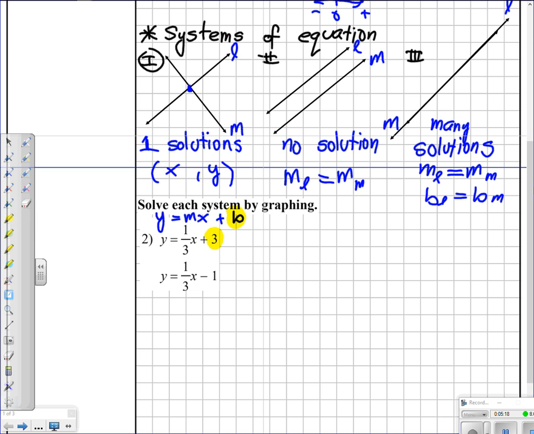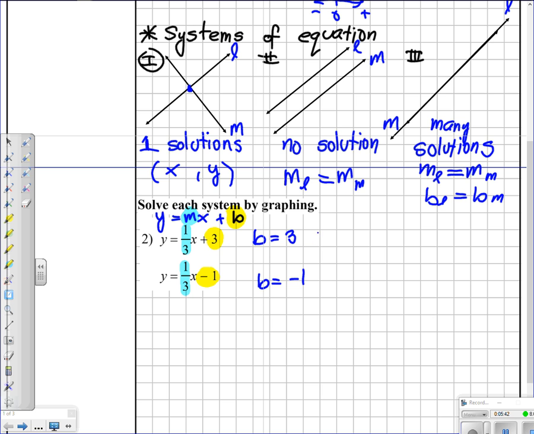So in this case, the b is 3. In this case, the b will be -1. My b will be -1. Okay. Now, the m is whatever is next to the x. This is my m, and this will be my m.